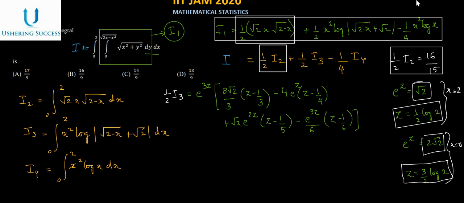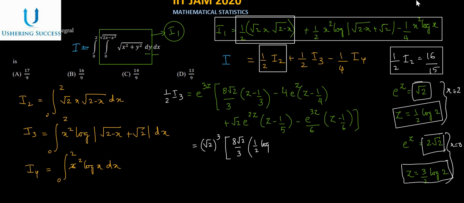So if we substitute the values now, we will get this as e to the power z is root 2 for the upper limit. So root 2 whole cube into 8 root 2 by 3 into z in the upper limit is half log 2.